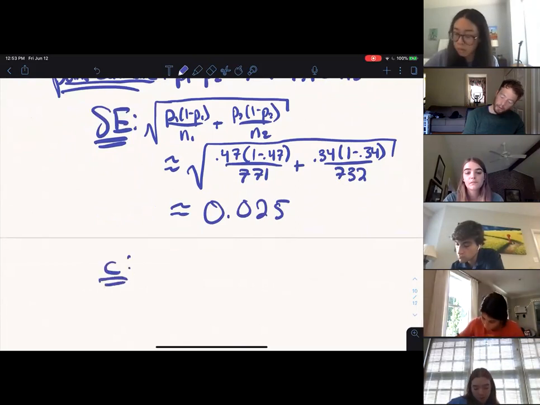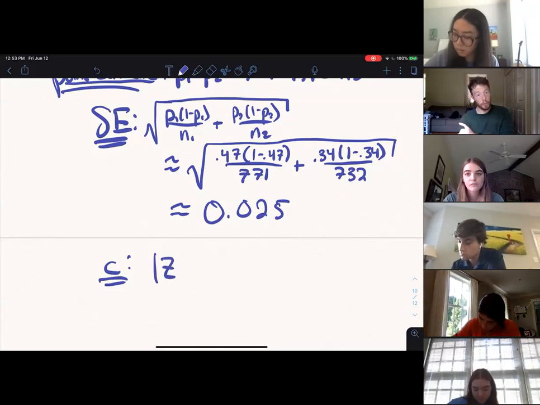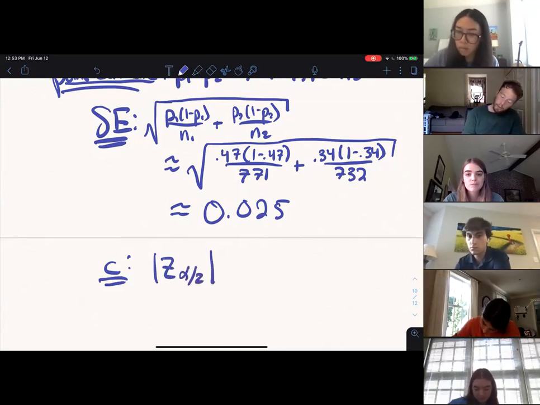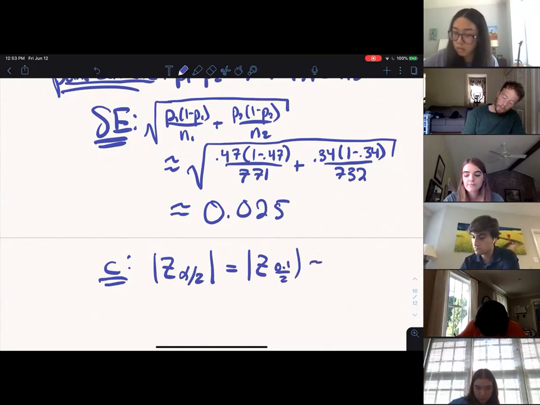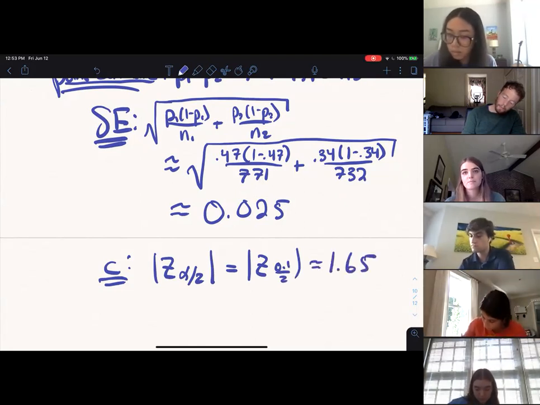Third thing we need is the critical value, which again, since we said P1 hat minus P2 hat is normally distributed, is going to be the alpha over 2th quantile of the standard normal, which is this 0.1 over 2, which is around 1.65.